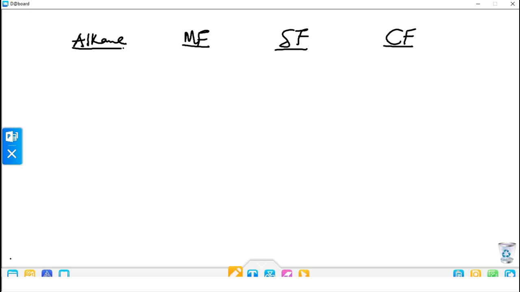So how do we know how to put down the structural formula and the condensed formula of a given alkane?